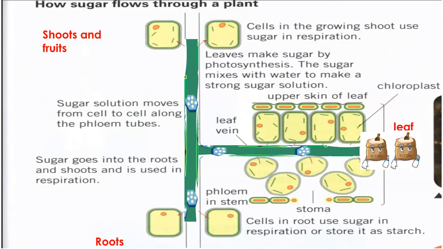This is a flow chart. This area is leaf, shoot, and roots. The sugar is made inside the leaf. This is the phloem tube. The phloem tube helps transport the sugar up to the shoot and down to the roots. It is 2 ways.